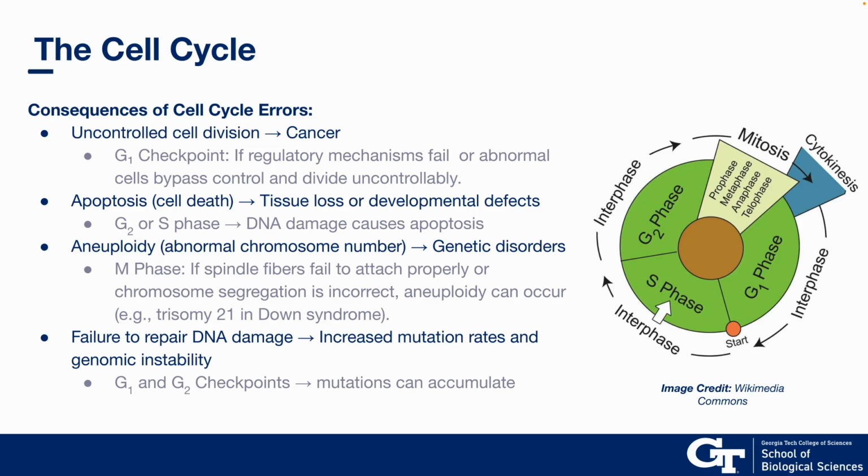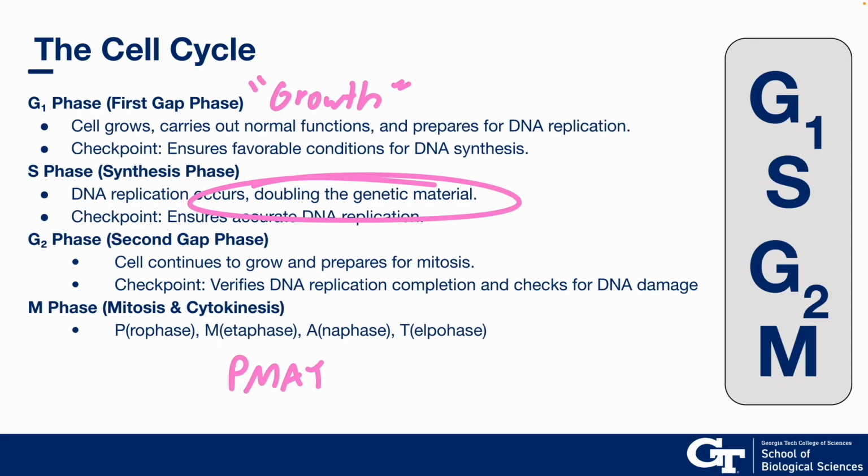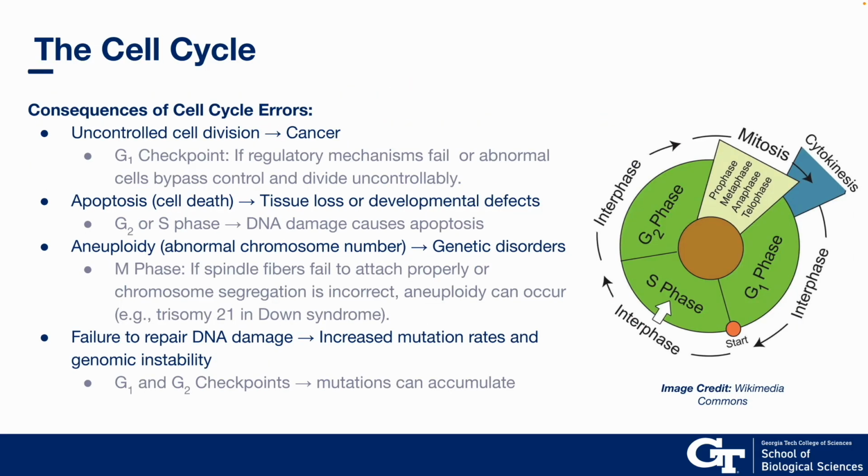So here's where things can go wrong in the cell cycle, and you have another graphic depicting what happens in the cell cycle. Obviously, if during the G1 checkpoint the cell does not properly regulate when it should start dividing, that's when we get cancer, because the cell will divide uncontrollably, right?